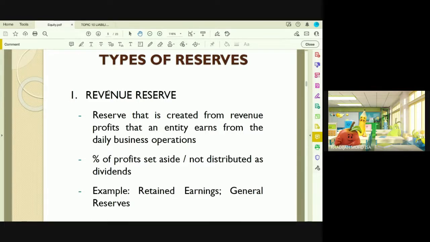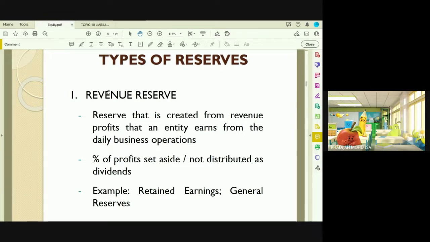Remember that from your profit and loss account, your revenue minus expenses is your profit. The profit will go into what we call the retained earnings account. From the retained earnings account, you can pay out dividend out of the reserve.